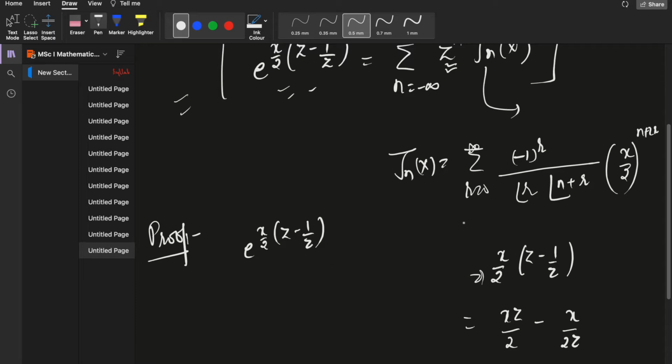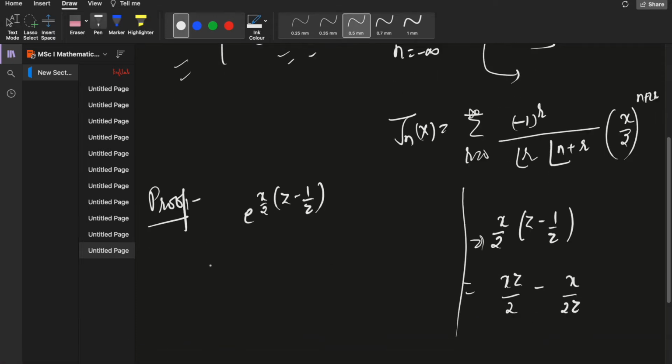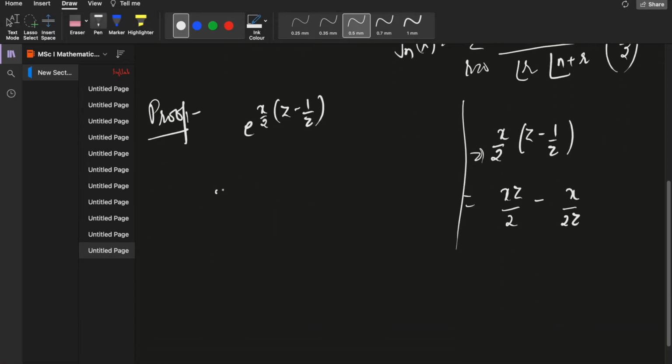So e to the power xz upon 2 minus x upon 2z is equal to e to the power xz upon 2 dot e to the power minus x upon 2z. So I can write this in this form.